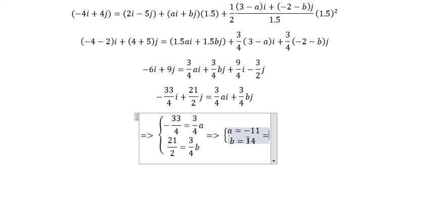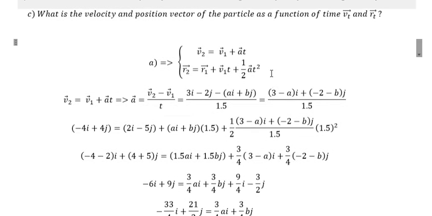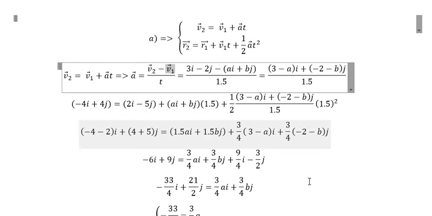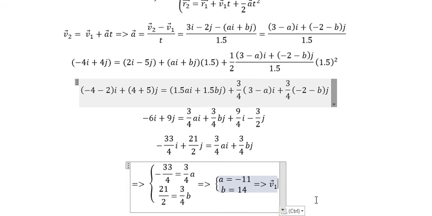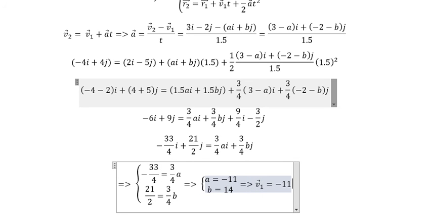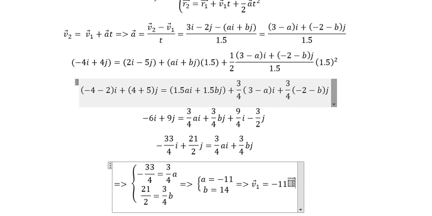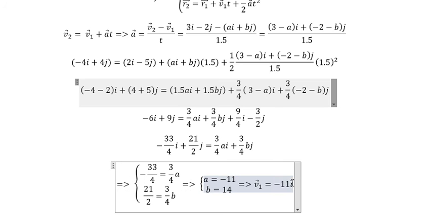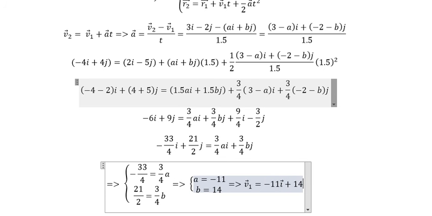So we find v1 equals negative 11i plus 14j.